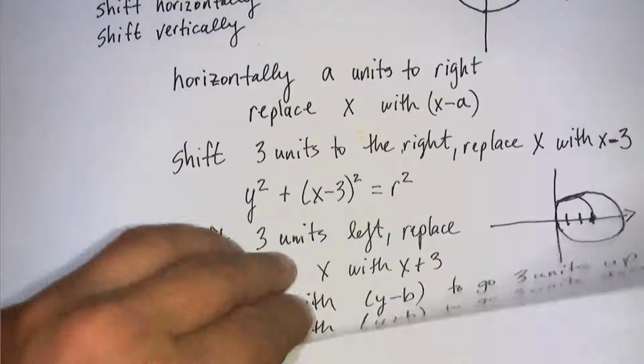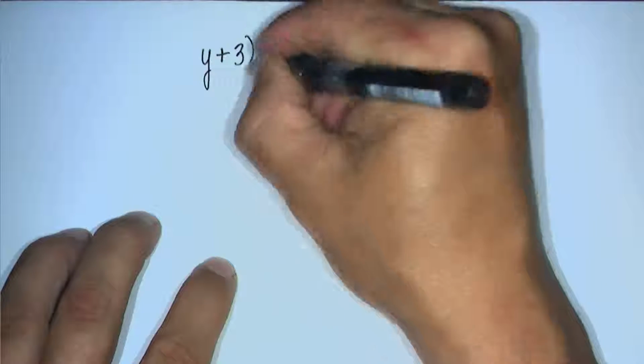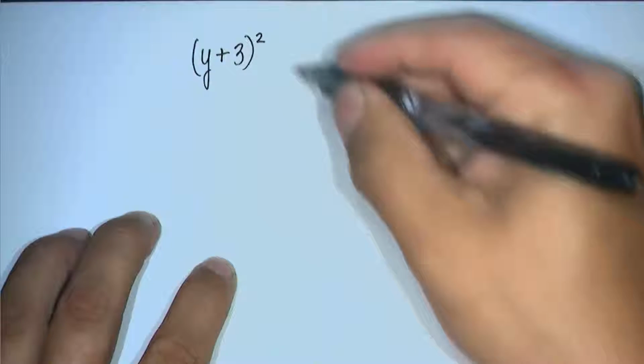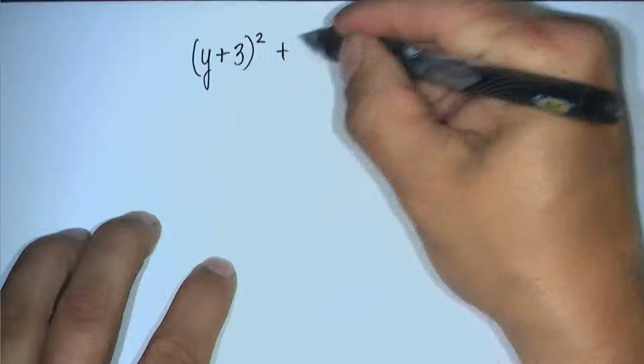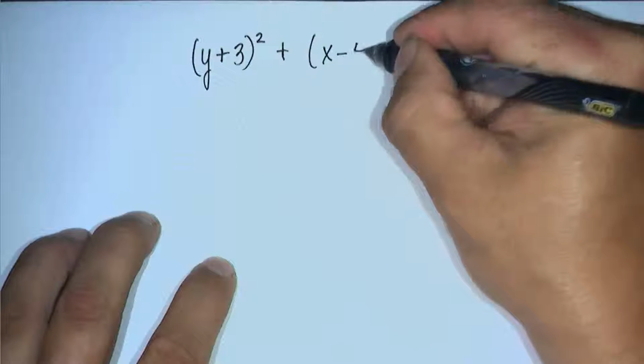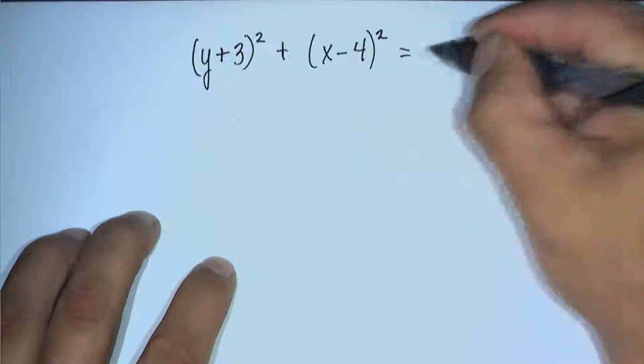So let's look at another example of a transformation here. Let's say we have the circle y plus 3 squared plus x minus 4 squared is equal to 16.